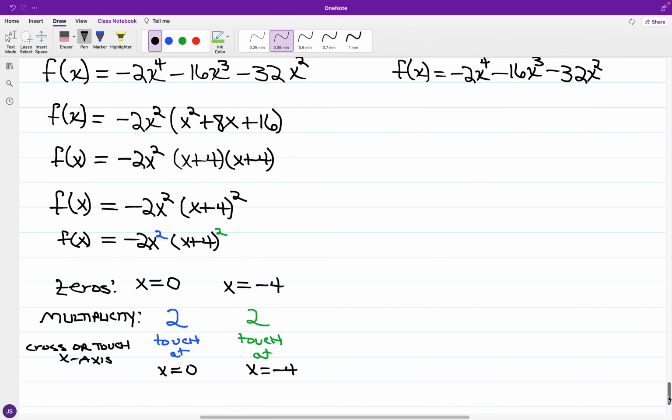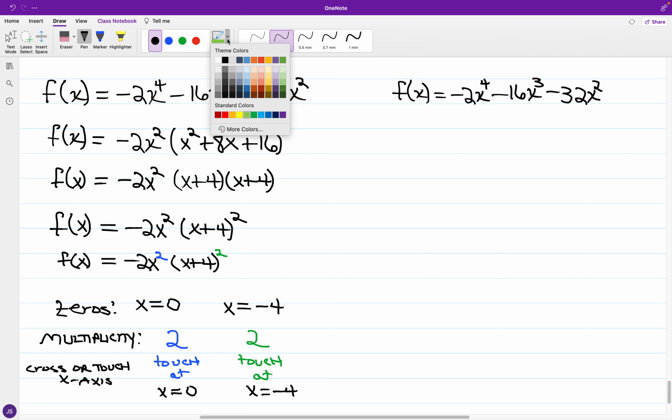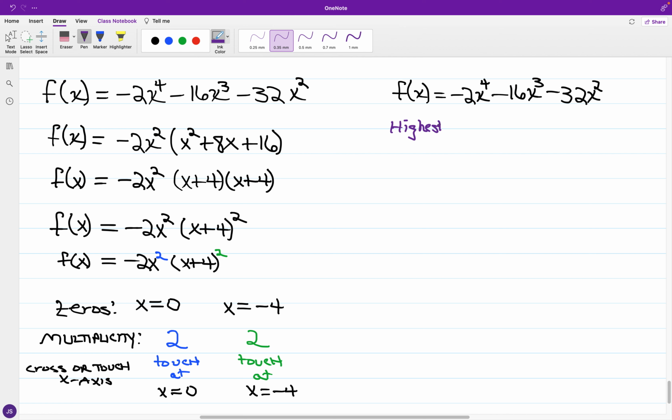And for what we have concerning the end behavior, okay, for the highest degree term, that's going to be negative 2x to the fourth.